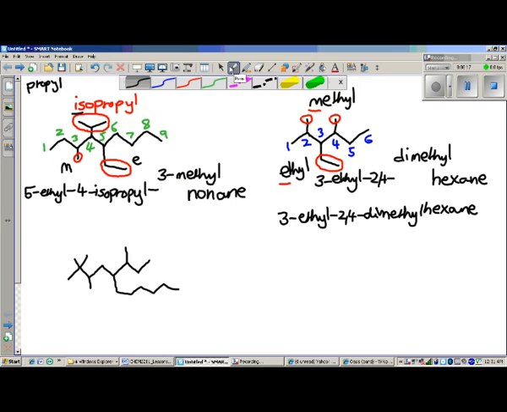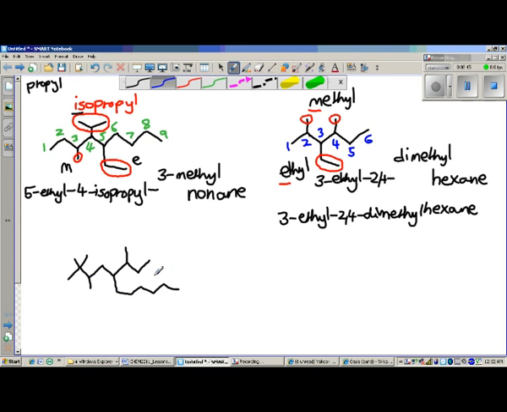Alright, now here comes the tricky one. Let's see what we can do about this. First off, longest carbon chain. Well, it looks like it might be 1, 2, 3, 4, 5, 6, 7, 8. Oh, hang on. What about 1, 2, 3, 4, 5, 6, 7, 8, 9, 10, 11?